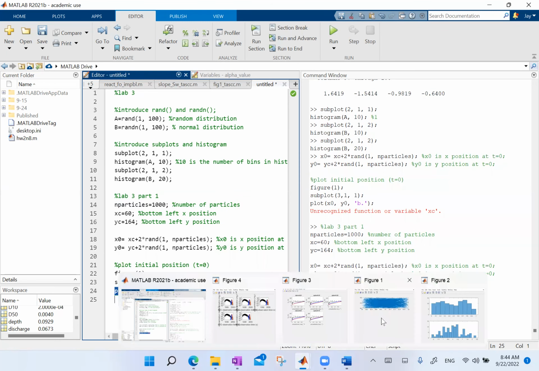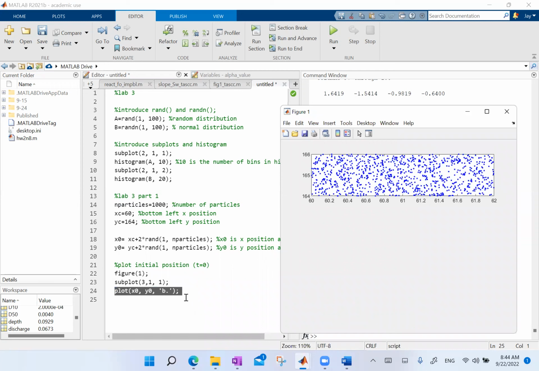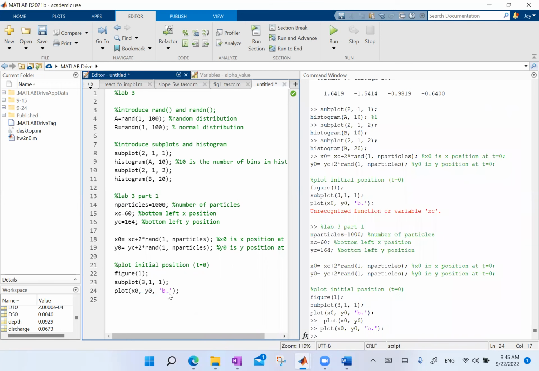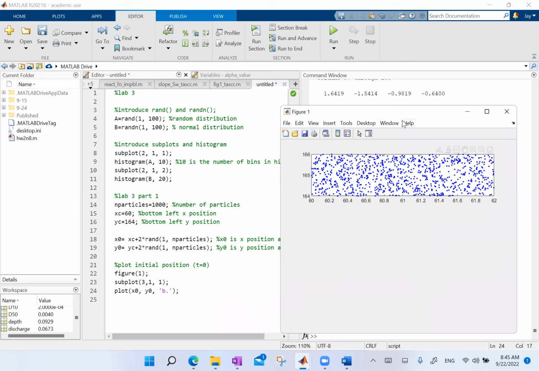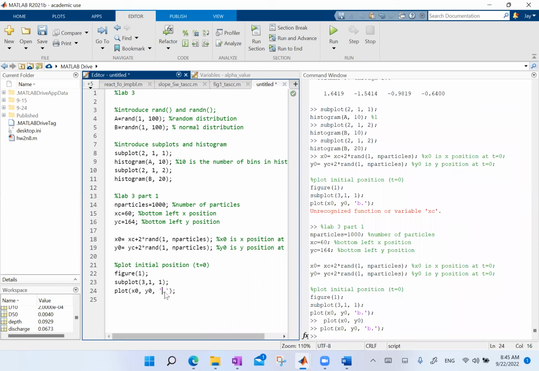If you use the b dot after x0, y0, that should fix the line problem. Oh, black is k. Okay, k dot.